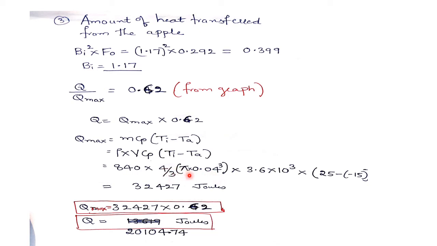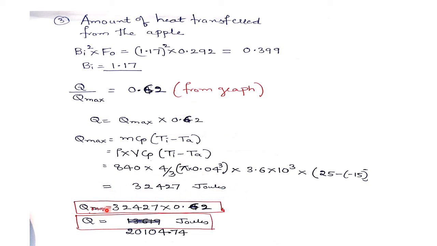4 upon 3 pi I have kept as it is, r cube where r is 0.04 cube, into Cp. They have given Cp in kilojoules, so I have converted this value into joules, 3.6 into 10 to the power 3. Ti is 25 minus Ta, which is minus 15 degrees centigrade. If I solve this entire expression, I get Q maximum as 32,427 joules.